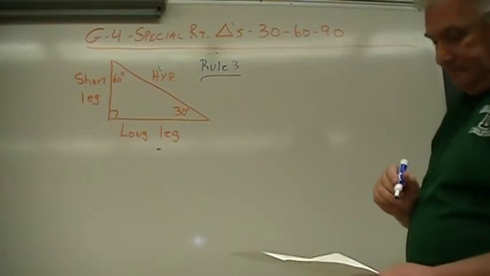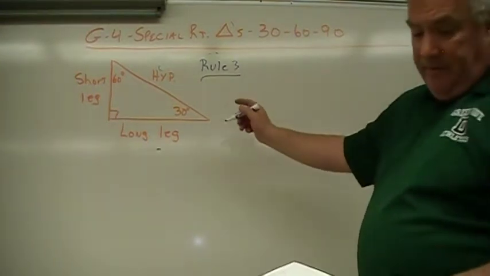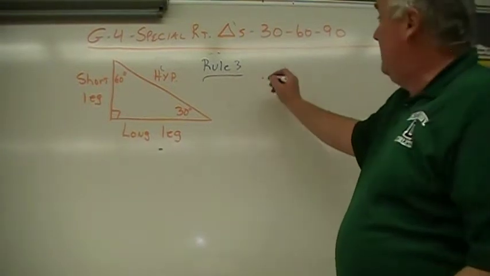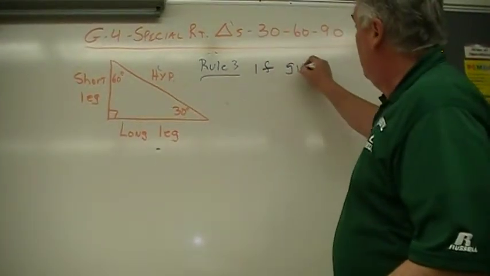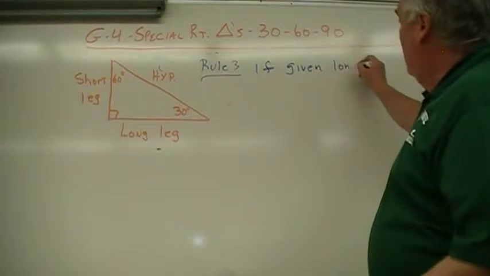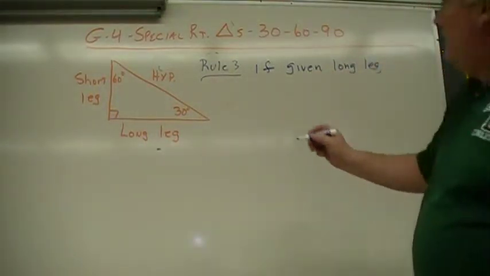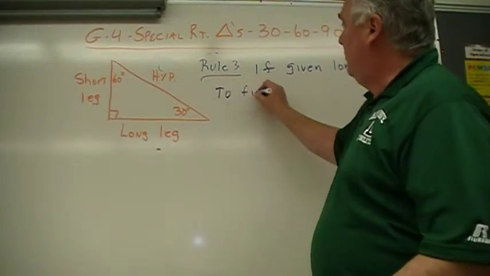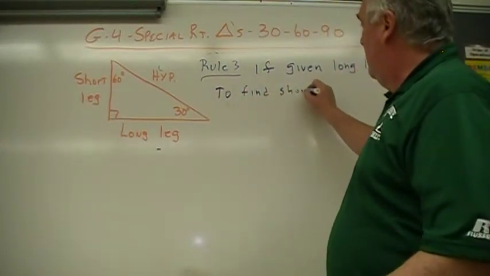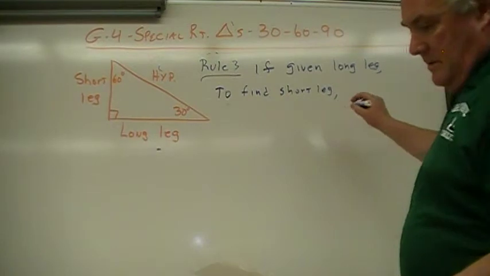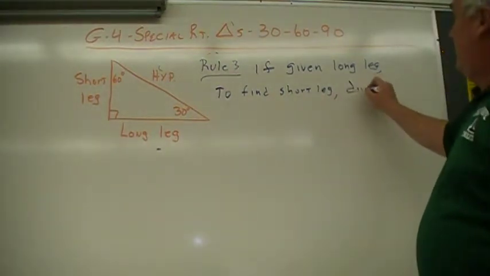I'm sorry. Rule number 3 for this, right near the end, is if given long leg, to find short leg, divide by square root of 3.